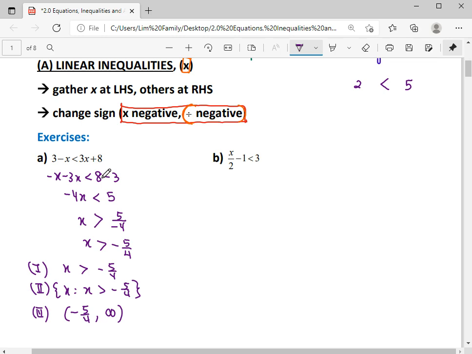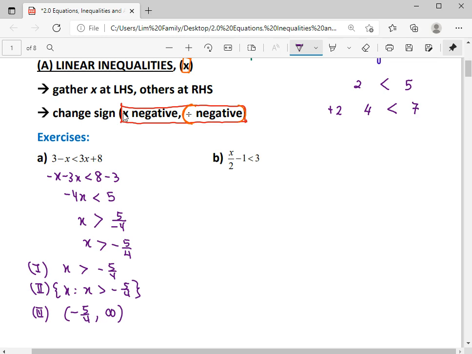When we add or subtract, we didn't change the sign. But when we divide or multiply by a negative value, we need to change the sign. Why is that? Let's see the concept here. If I add something to these numbers, they become 4 and 7. They still hold the properties of the inequality. It didn't change the sign.